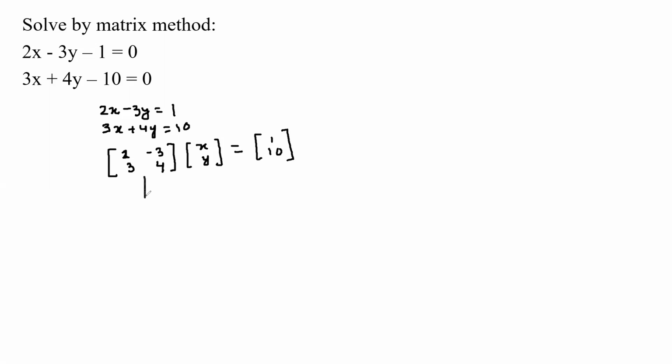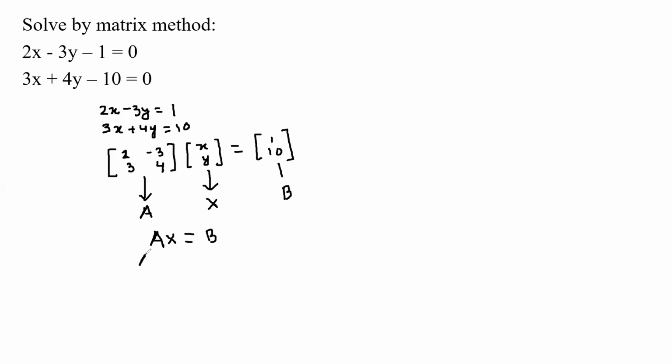So let's consider the first matrix as A matrix, and the second one, this x and y variable matrix, as X matrix, and we consider this as B matrix. See, if we just suppose these matrices as A, X, B, then it will be something like this, AX is equal to B. Okay, now we multiply this equation on both sides.